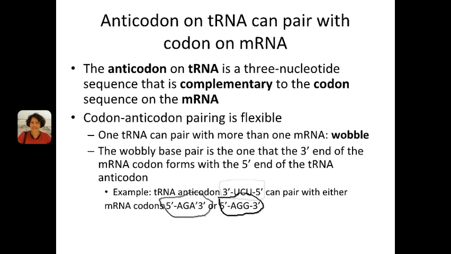So while usually it is U with A that should pair, here you see a pairing of U with G on the last nucleotide in the mRNA codon. That's the wobble part of the binding. And it explains why you can have 61 codons that code for an amino acid that are binding to only 45 different tRNAs. So that means that some of those tRNAs are binding more than one mRNA codon.